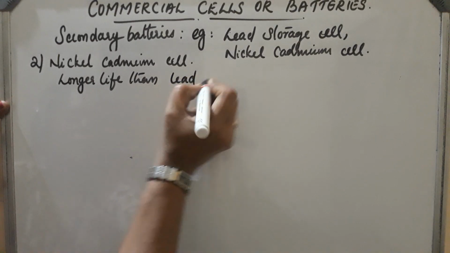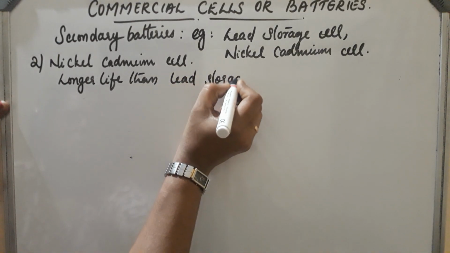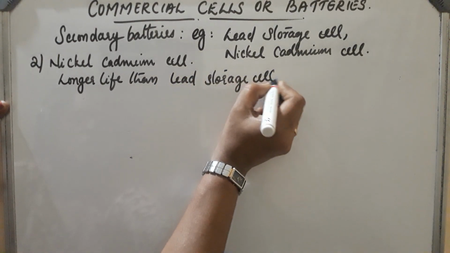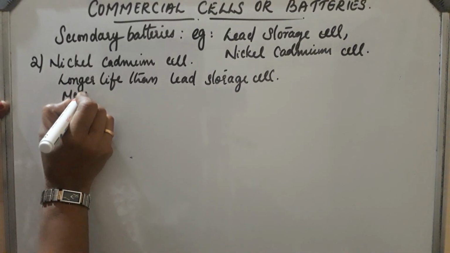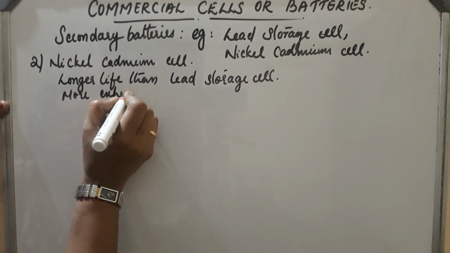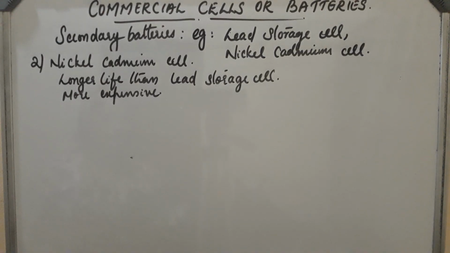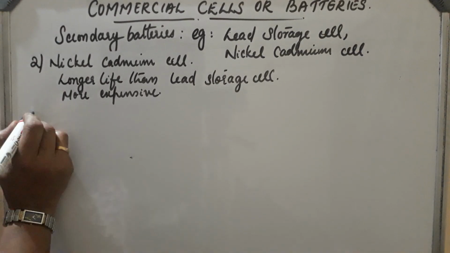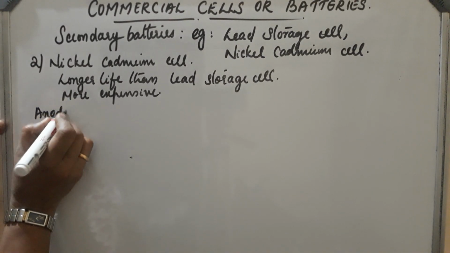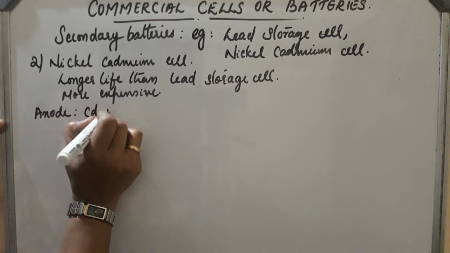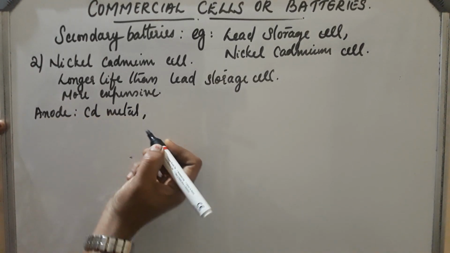But what is its disadvantage? It is more expensive to manufacture. Now, it contains an anode and cathode. What will be the anode? Cadmium metal acts as the anode.